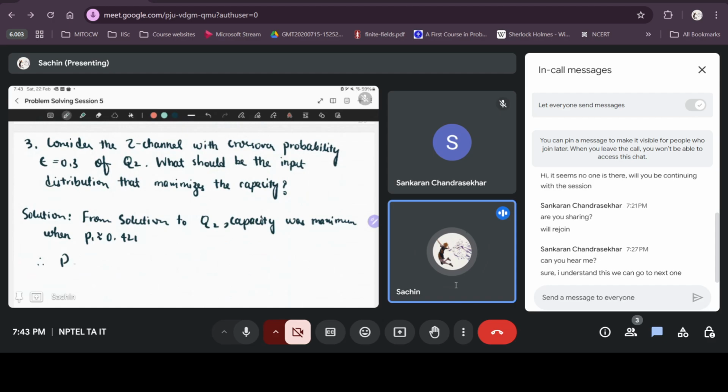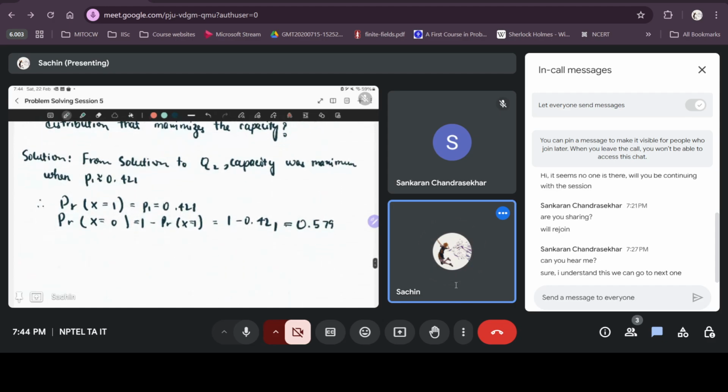So the distribution is probability that x is equal to 1 is p1, which is 0.421. Probability that x is equal to 0 is 1 minus probability that x is equal to 1, which is 1 minus 0.421, and that is 0.579. So that's the distribution.